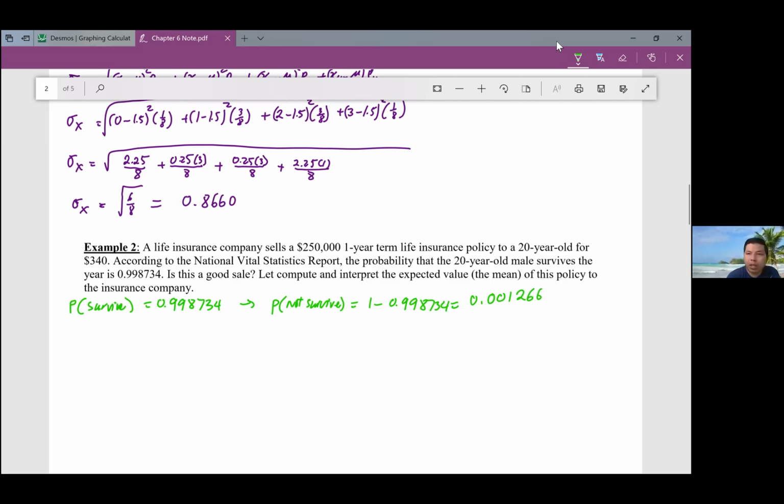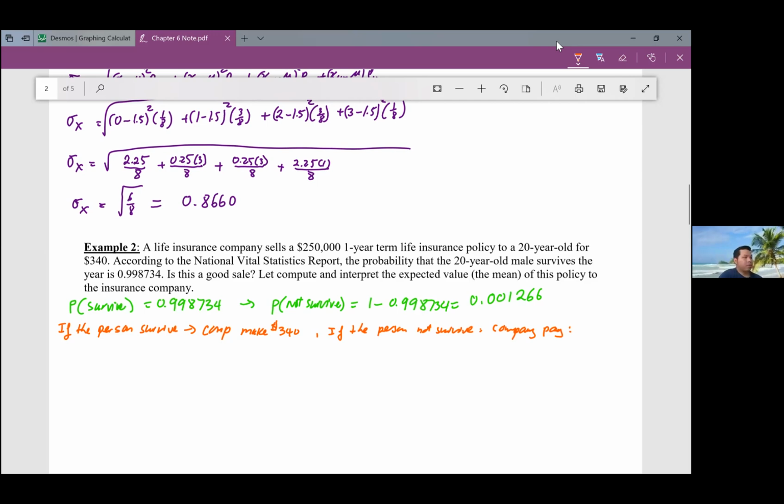So take a look at this. If the person survives, the company makes $340. If the person does not survive, the company pays.